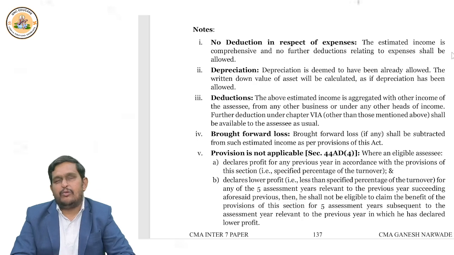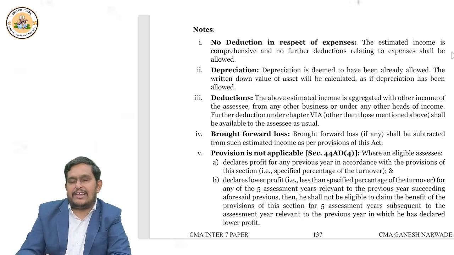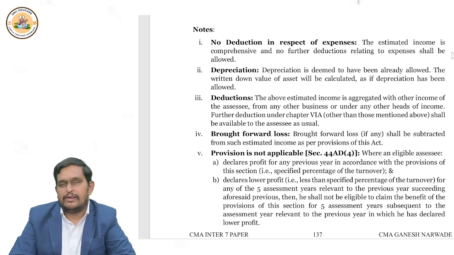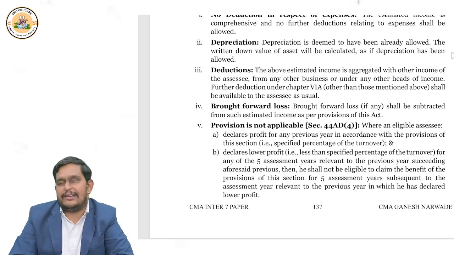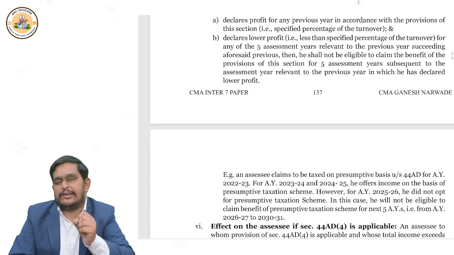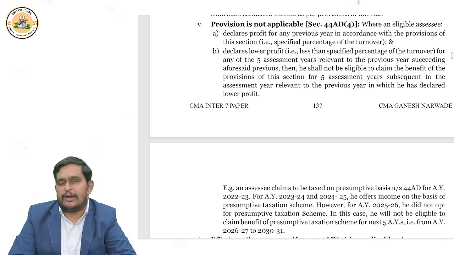Now, somebody wants to exit from 44AD and file return under the normal procedure which we discussed till now. He can do so, right? But suppose you first filed under 44AD and later you file under normal. For example, in 2022-23, 2023-24, 2024-25 you filed under 44AD.